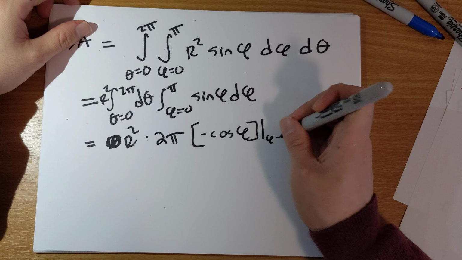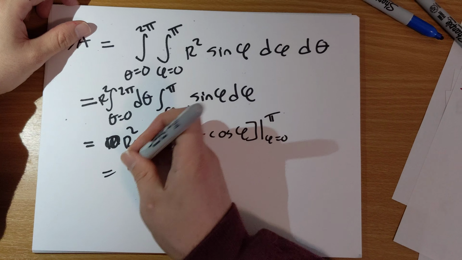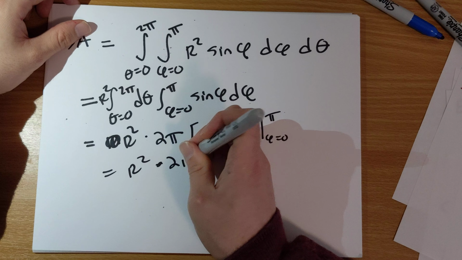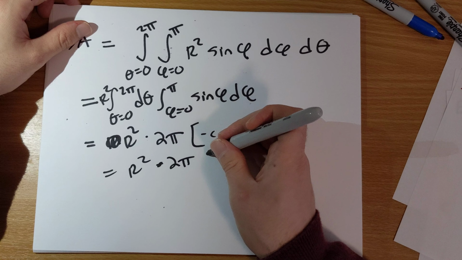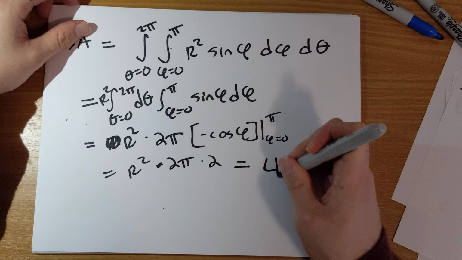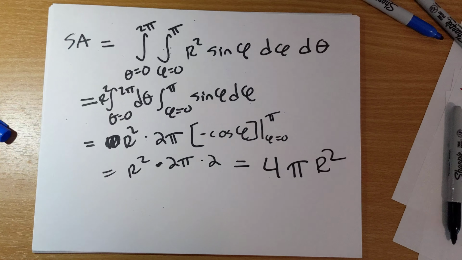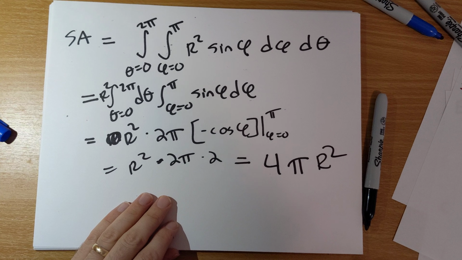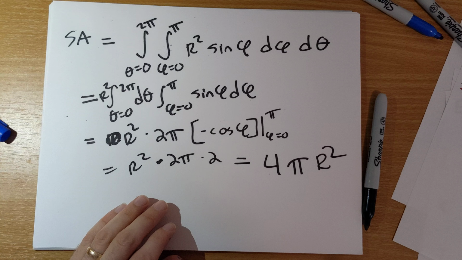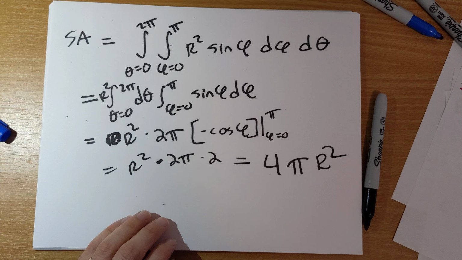Plug in phi from 0 to pi, and this is 2. And so sure enough, we end up with 4 pi r squared. This confirms our high school geometry knowledge about the surface area of a sphere.